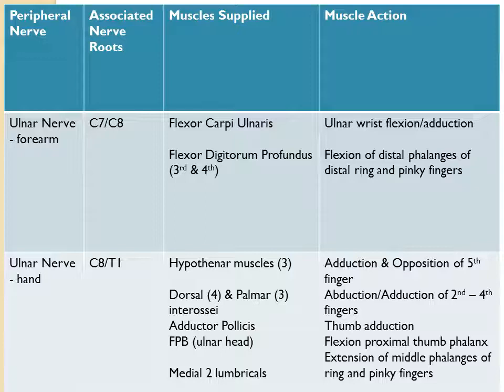Then, as the ulnar nerve passes into the hand, the major contribution to the ulnar nerve is from fibers of C8, and now also we see some T1 fibers showing up down to innervate myotomes in the hand.